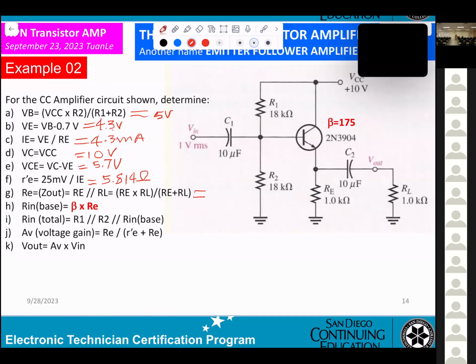Since they're the same, you take half of it. So you get 0.5K, 500 ohms or 0.5K, whatever you want to call it. Yeah, same thing.